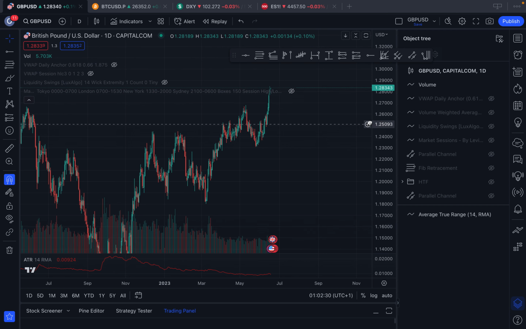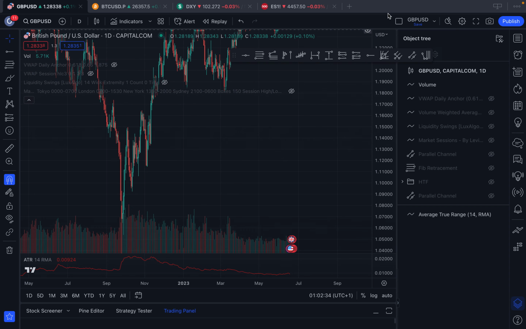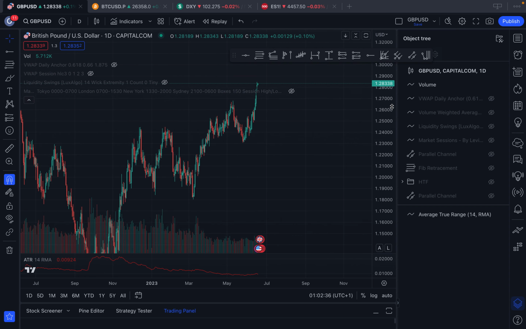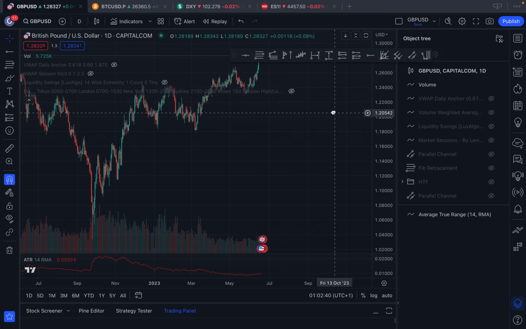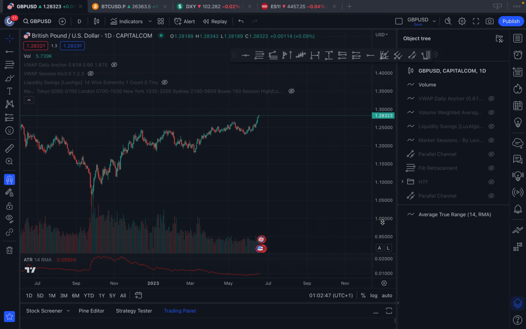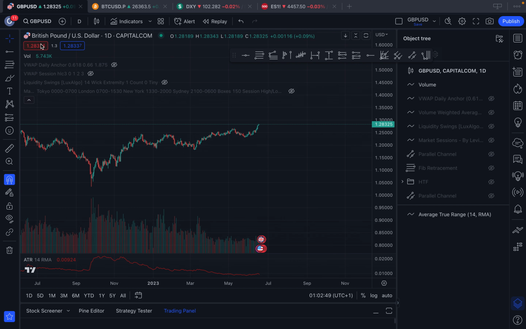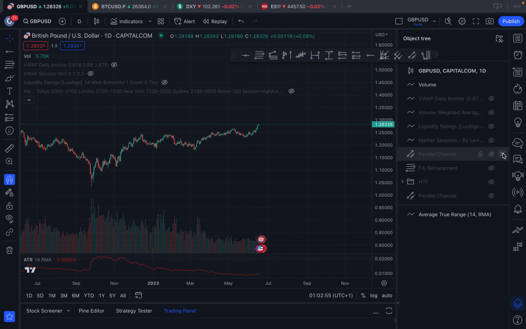Just wanting to see if we've got any real trend line that we could potentially log.